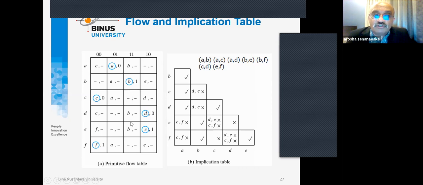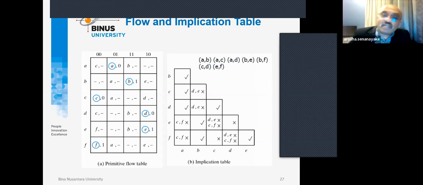So you can see also no problem. C and E, no problem. But then the last column, D and E. So then we have a dependency. So there are two dependencies. If at all we want to merge C and E, it is subject to two dependencies, D and E and C and F.